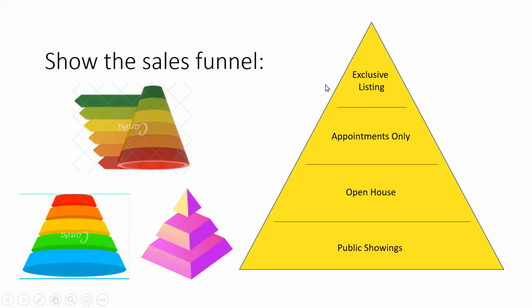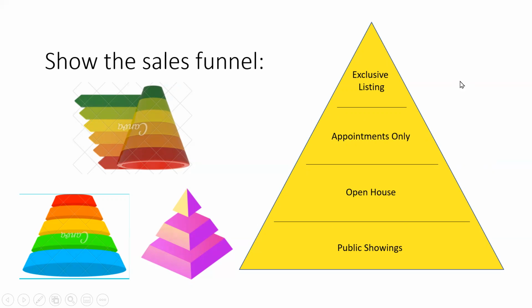So at first, your listing is exclusive and it's only open to those in the Weichert family. And then maybe you start opening up a little and you go to appointments only to get the word out just to other realtors, which is more exciting for the open house when it's open to the public and everybody comes, they line up, they come to your house.